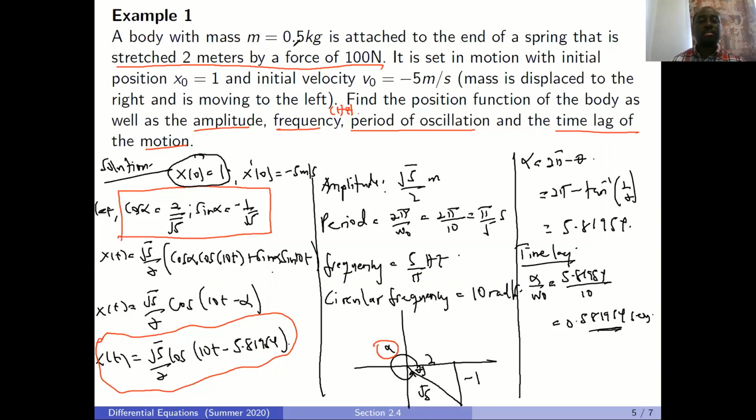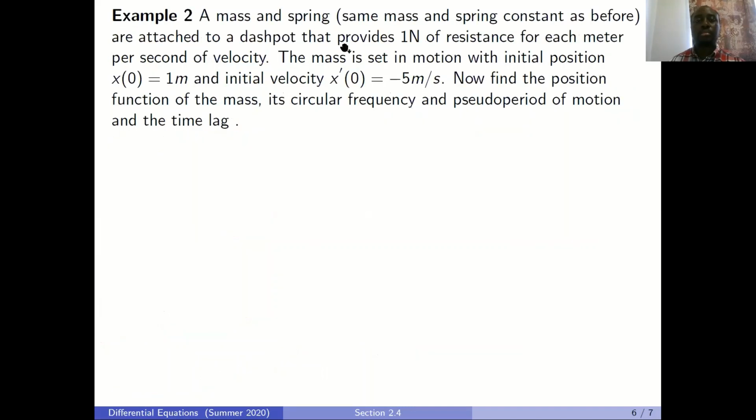Okay, so let's look at an example where there is some degree of damping. We have the same mass and spring system, except that now we have introduced a damping effect. We have a dashpot that provides 1 Newton of resistance for each meter per second of velocity.